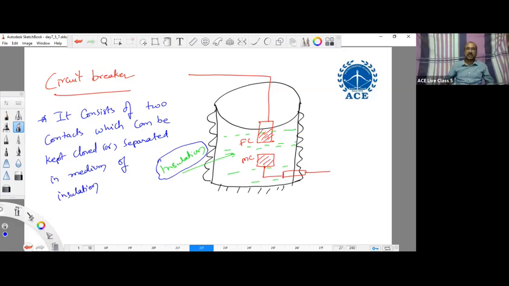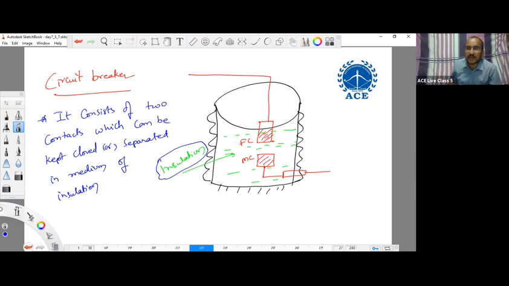Whenever the fixed contact and moving contact get separated, there is a formation of arc. If the arc is continuing, then the isolation is not completed. The arc is to be quenched. That quenching of arc requires what? Insulation. For quenching of arc, we require insulation.